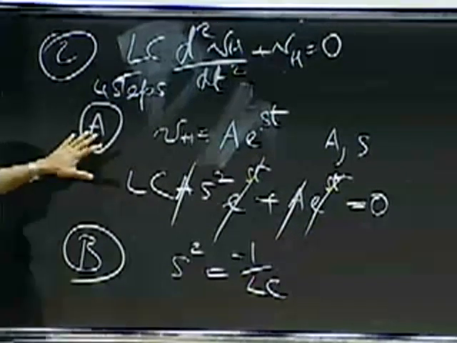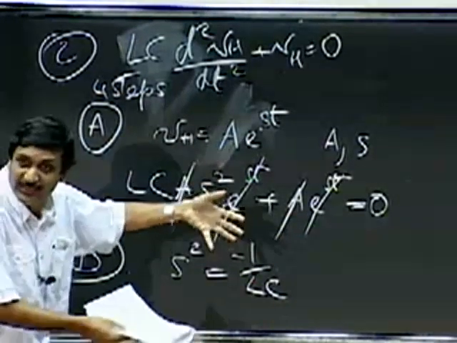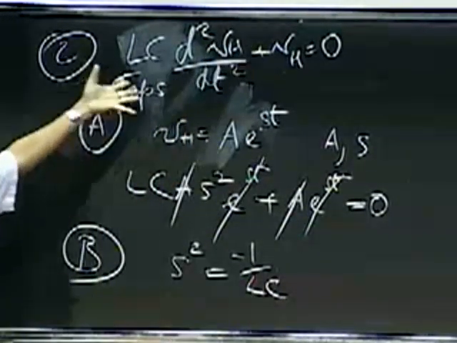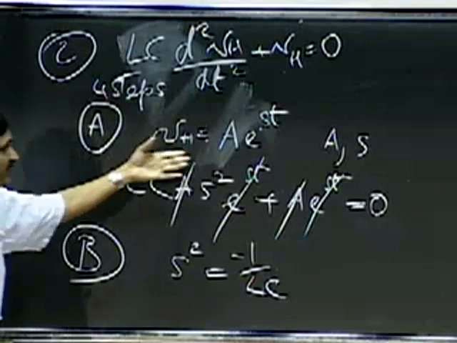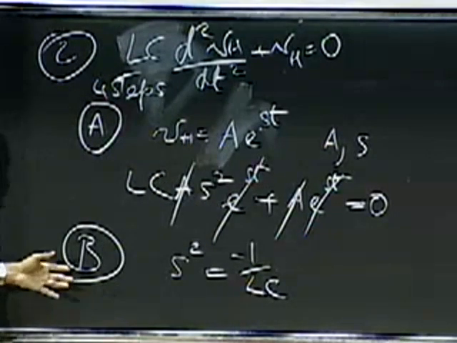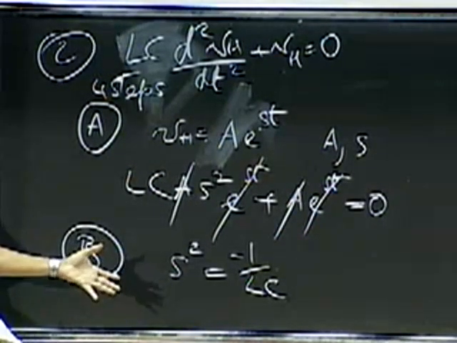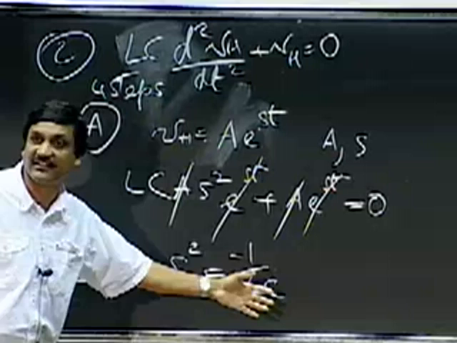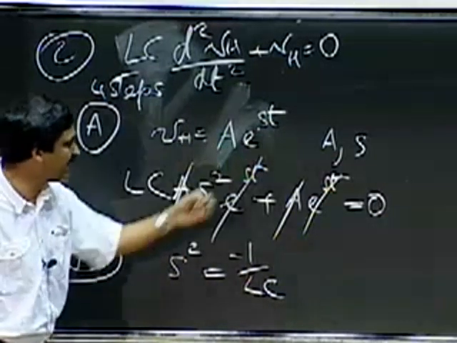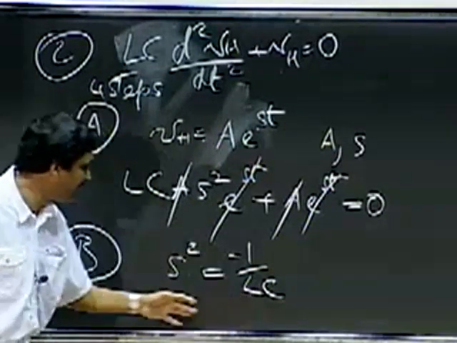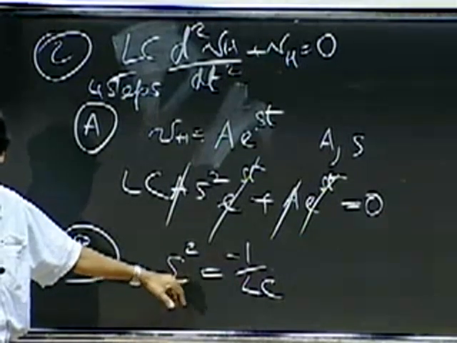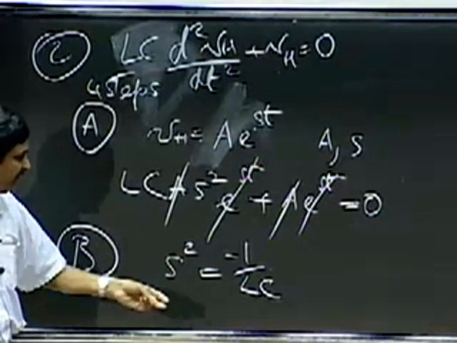So my first step was, I'm giving you a solution, stick it in there. Assume a solution of this form. Second step is get the characteristic equation. The way you get the characteristic equation is you simply stick this in there, and what you end up getting is some equation in s squared, or, for first order circuits, do you remember what you got?